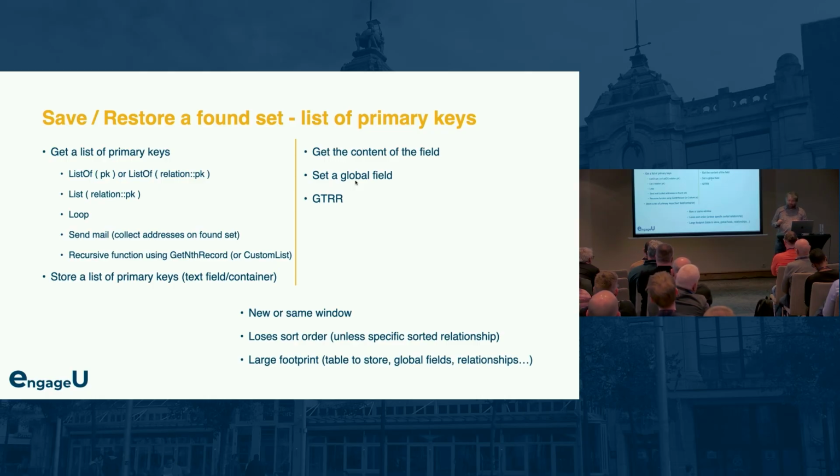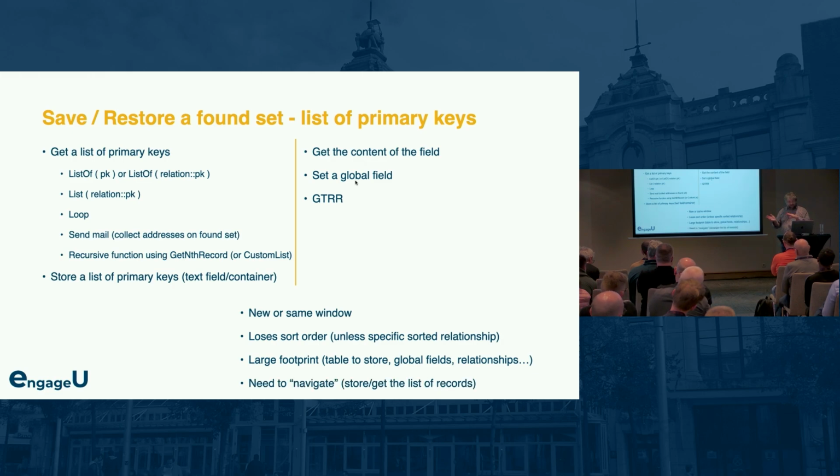And the problem with that, it has a really large footprint. You have a lot of things to do, and add a global field, a table to store your things, and so on. It's a very FileMaker-ish way of doing things. You can't write just a script step like that.